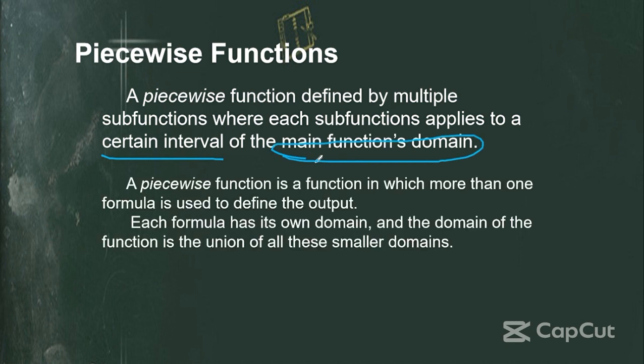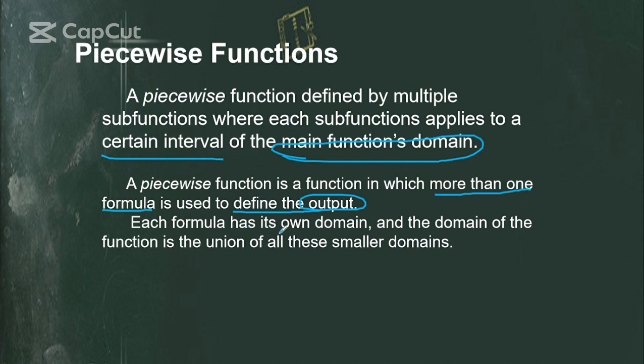Okay? So, here we use a piecewise function if we have more than one formula to define what is our output, or the value for our y, or the range. So each formula has its own domain.